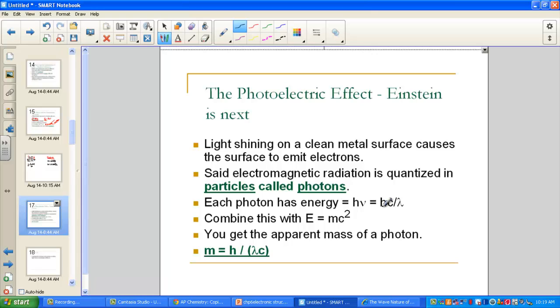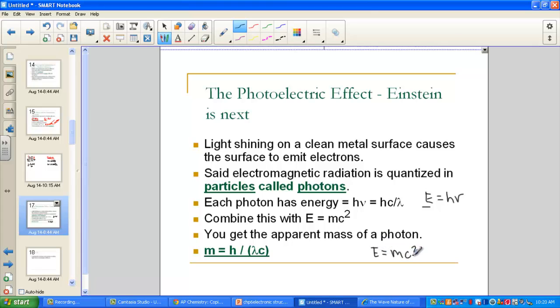Extending Planck's quantum theory, Einstein deduced that each photon must have an energy equal to Planck's constant times the frequency of light. So again, E equals h times nu. Energy of a photon that's striking a metal surface is equal to Planck's constant times its frequency. You remember Einstein's famous equation, E equals mc squared.